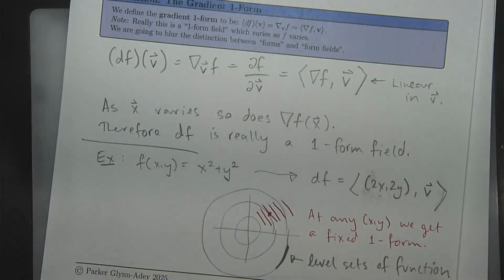Okay, kind of an intuition question. As you move away from the origin, does the one form get closer together? Does it get narrower, or does it spread out? Do those level sets spread out, or do they get closer and closer together?